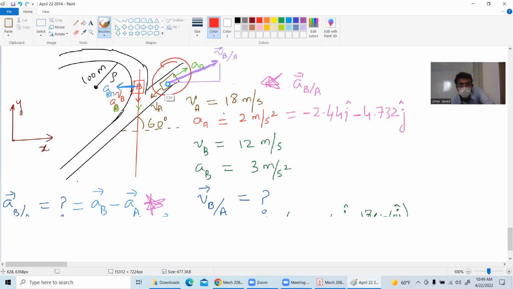And person A has apparently put their foot on the brake and you can see the acceleration is in this direction. The question says that if the velocity of A is 18 meters per second and the acceleration is 2 meters per second squared, and VB and AB are respectively these values, then you have to find VB with respect to A and AB with respect to A.